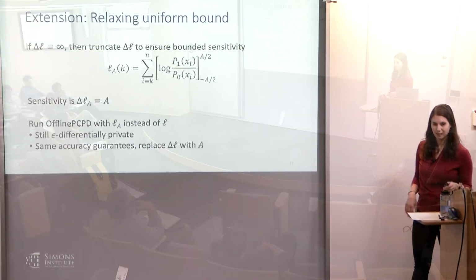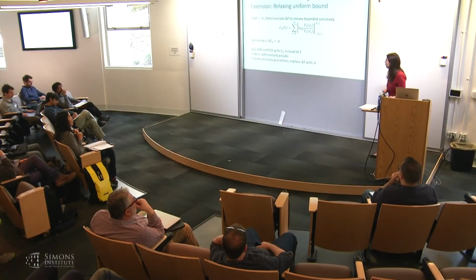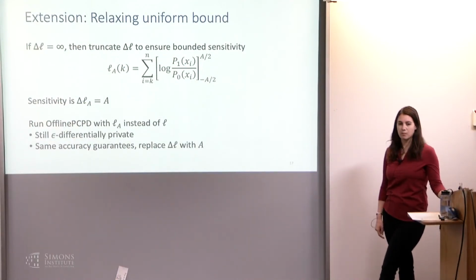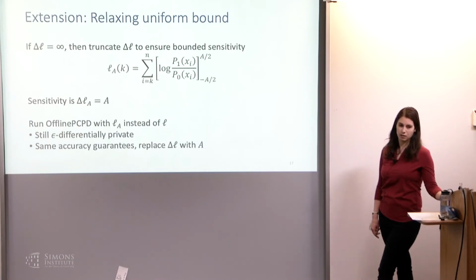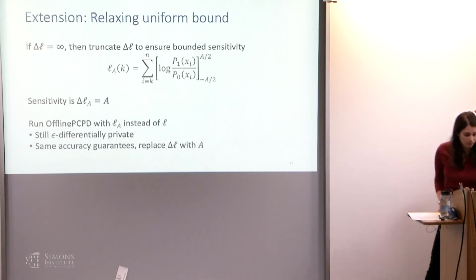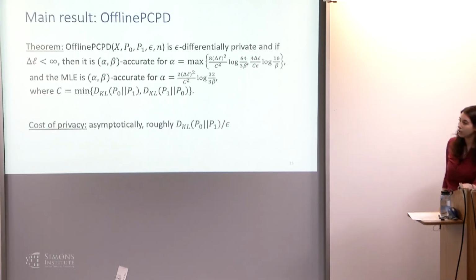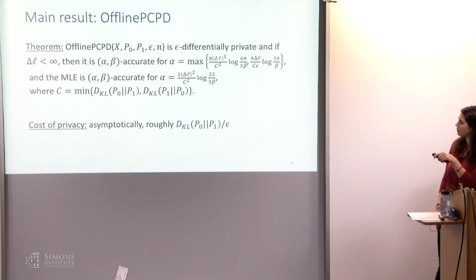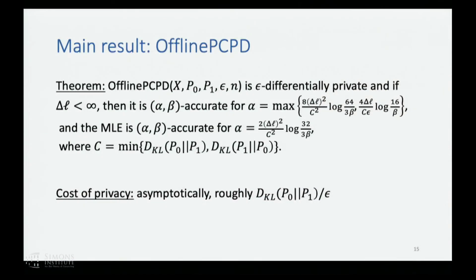Can you say again how you measure accuracy here? So this is with probability 1 minus beta, I'm going to be at most an additive alpha away from the true change point. If you do this truncation, the exact same thing will work, you just swap out A here, and the same bound holds.